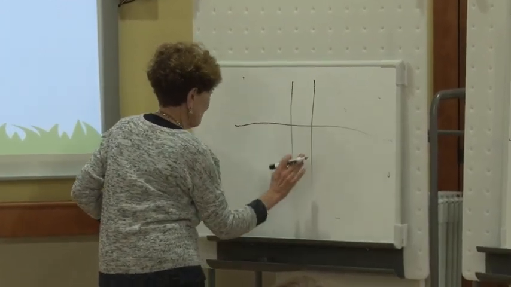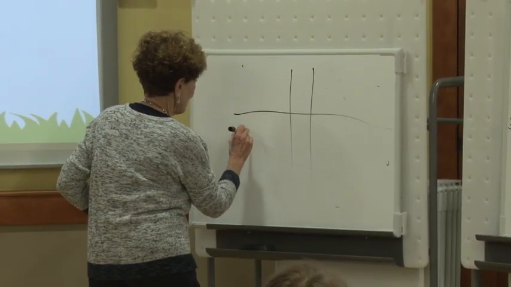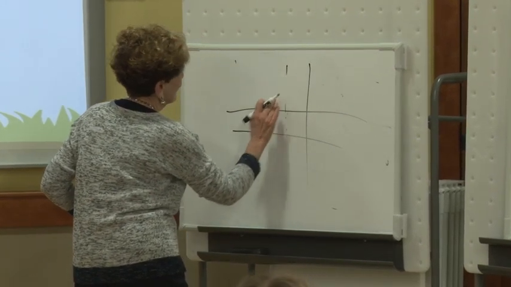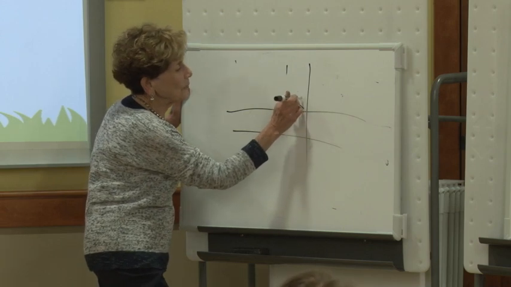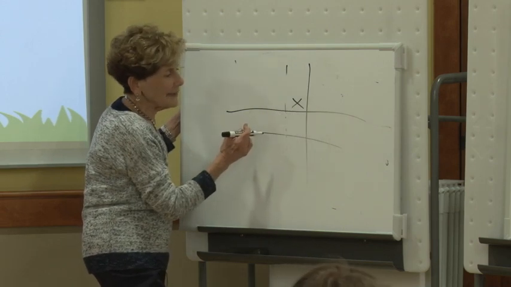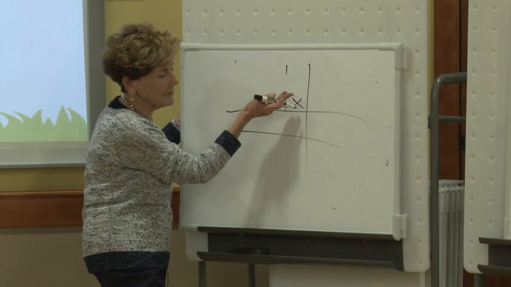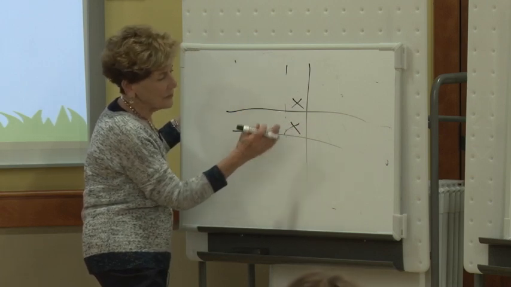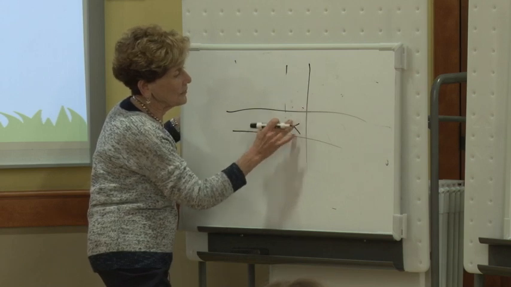Okay, so here's one bird. It's to the left of the pole and above the line. Left of the pole and above the line. So those 2 are equal.